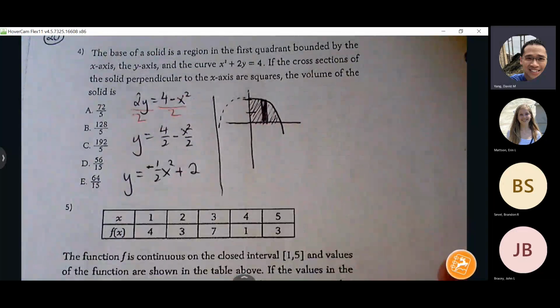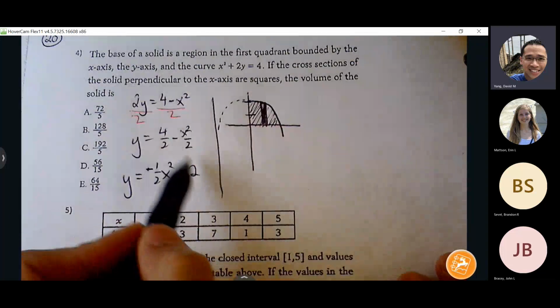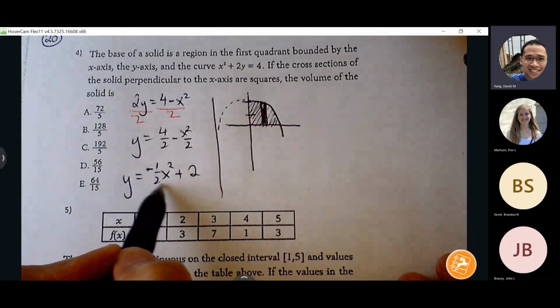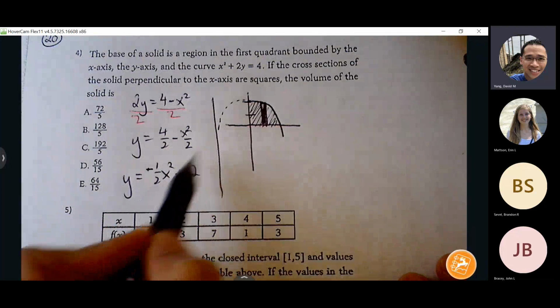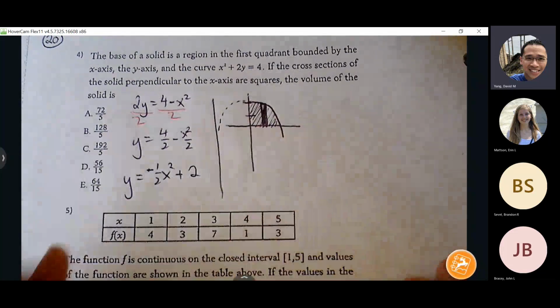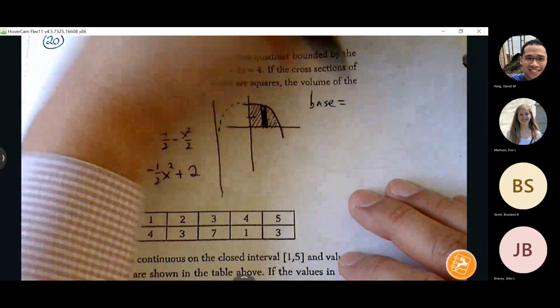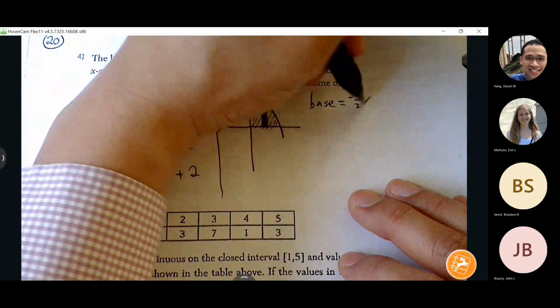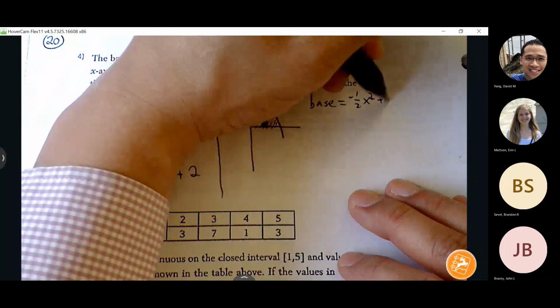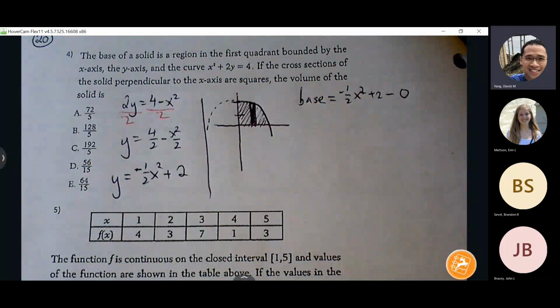As soon as you see that base length, you know it's top minus bottom. Top minus bottom is easier because your equation is ready for you to use. In this case, we did have to do a little bit of rearranging, but this feels familiar. We know the top is the parabola, the bottom is y equals 0.